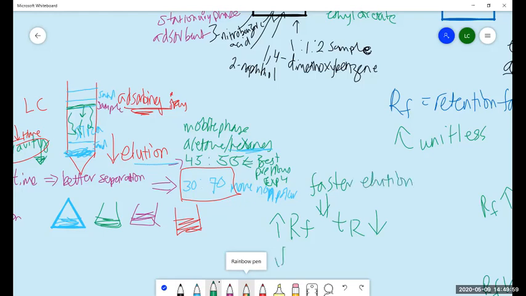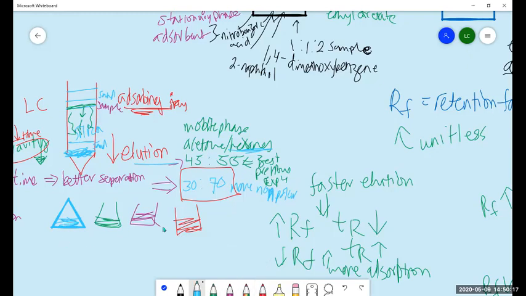And the same thing with the opposite. If you have a lower RF, you have more adsorption or less elution, and then your retention time would be more. So using that principle, we assume the first compound you extract is more nonpolar, because remember your mobile phase is nonpolar, and your stationary phase, the silica, is still polar.